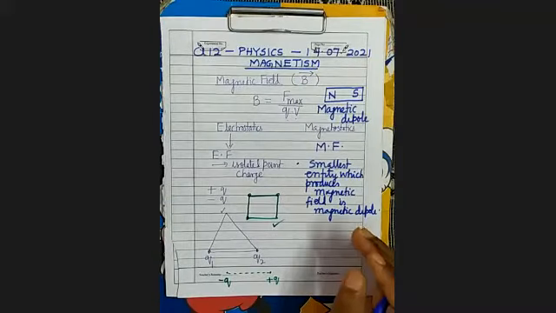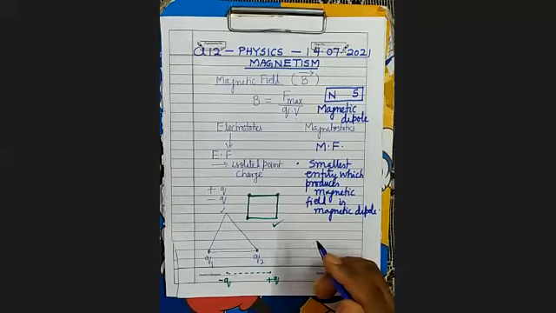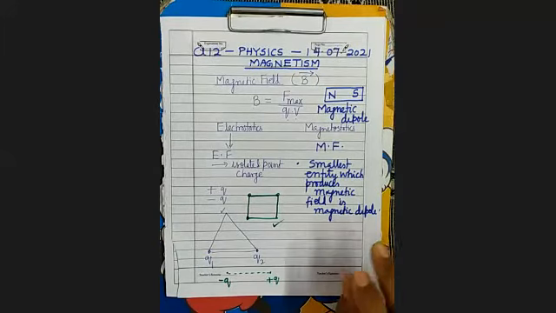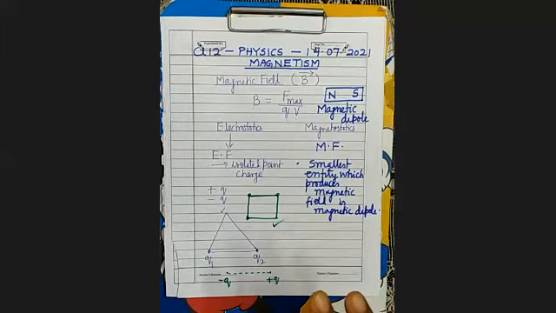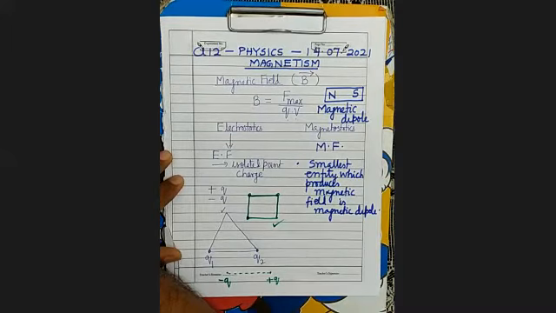Earlier, it was believed that the magnetic field is produced by monopoles. But now that theory has been completely rejected. There is no concept of monopoles in the magnetic field.